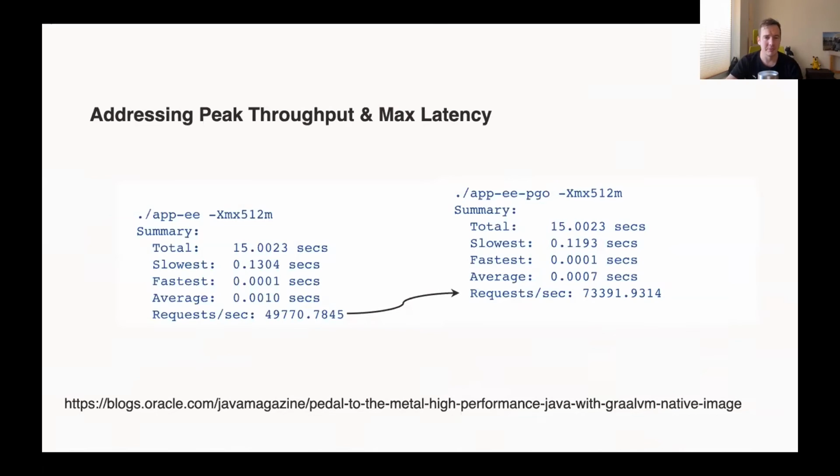The numbers in a vacuum don't say anything, but the comparison, with PGO and everything, was almost twice as fast, like 60% to 70% faster, which is very interesting. So if you have that requirement, you might want to consider that. If you don't have a requirement on peak throughput, then you probably want to start with the community edition for simplicity.